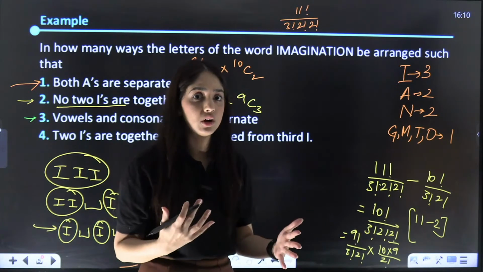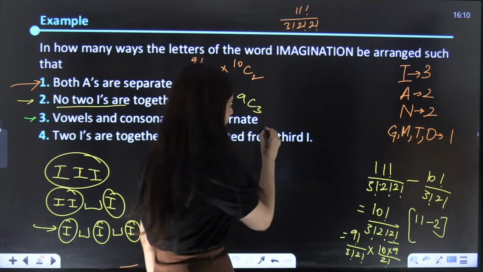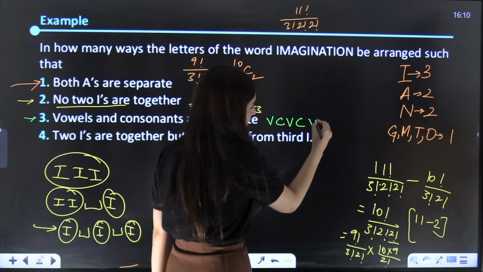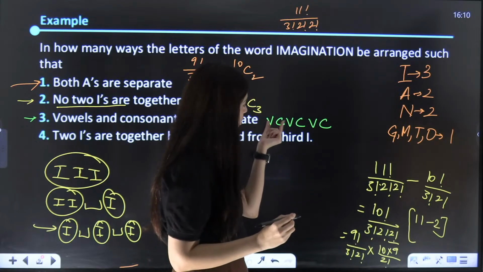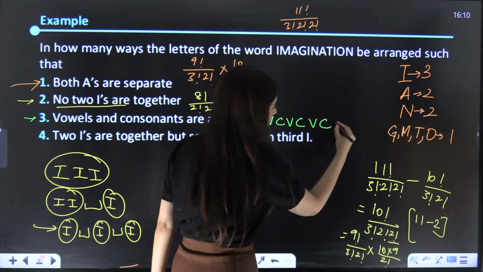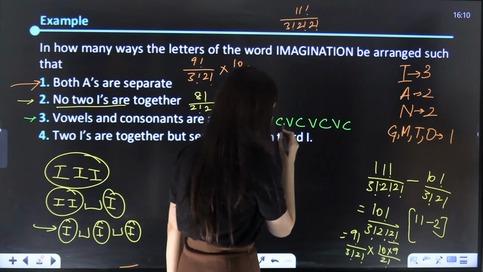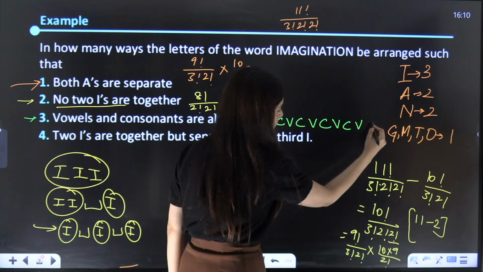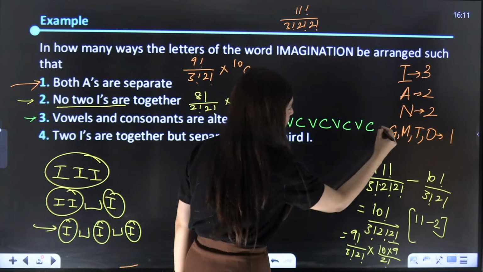Because they have to be alternate. So it will start with a vowel, then consonant, then vowel, then consonant, and like this. So 5 consonants and 6 vowels. 2, 3, 4, 5, 6.